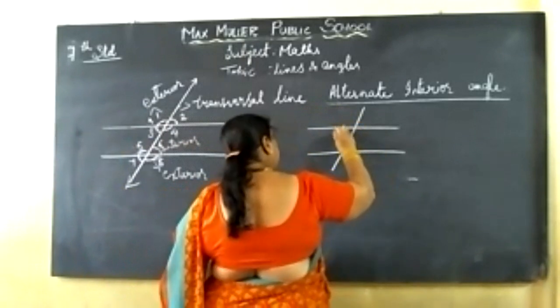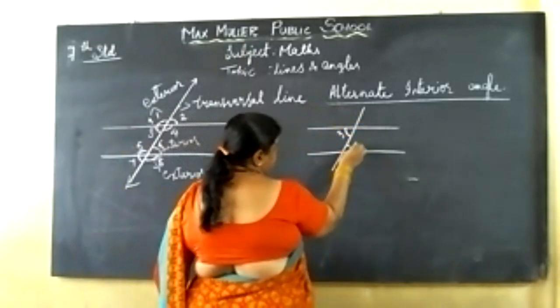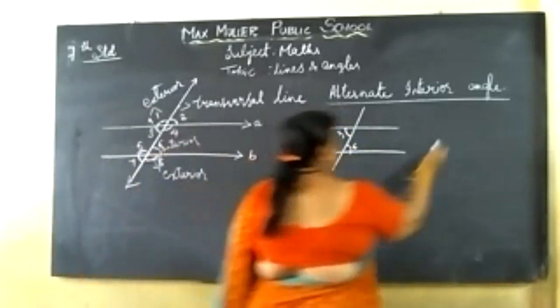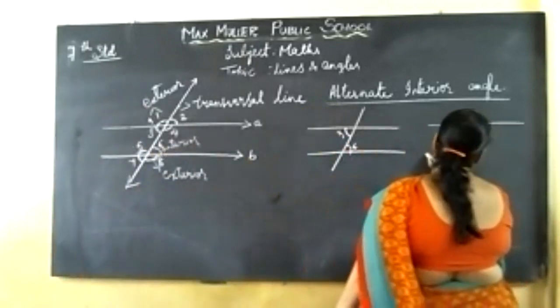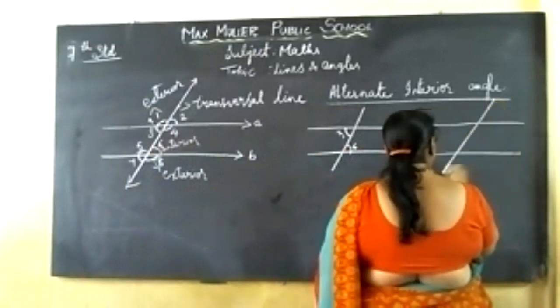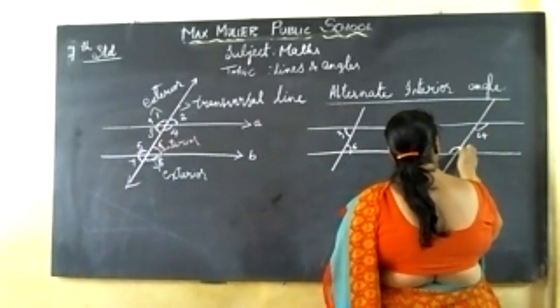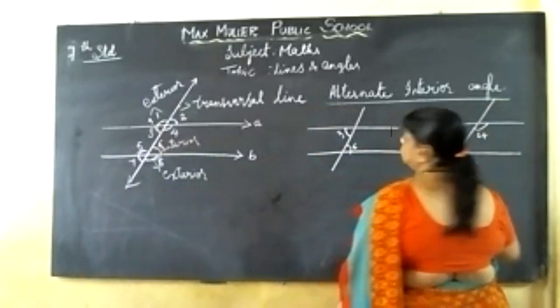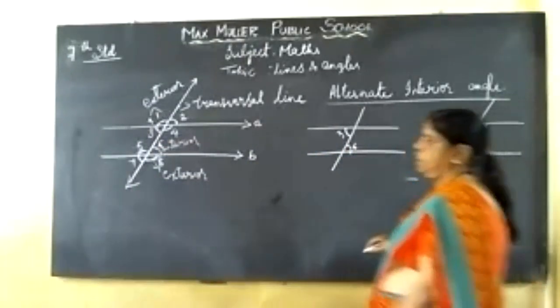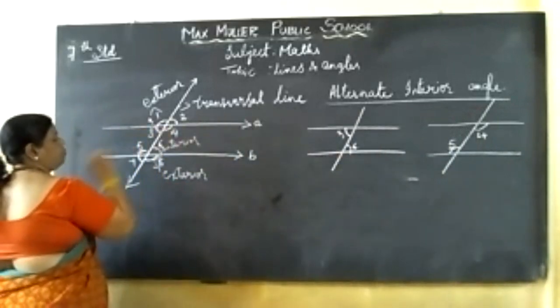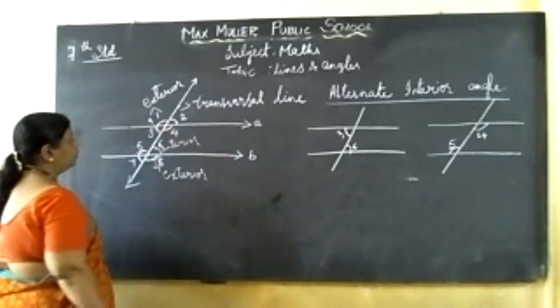Here 3 and here 6. Then here again you will have another angle, that is angle 4 and angle 5. See, opposite. 3 and 6, 4 and 5. Okay?